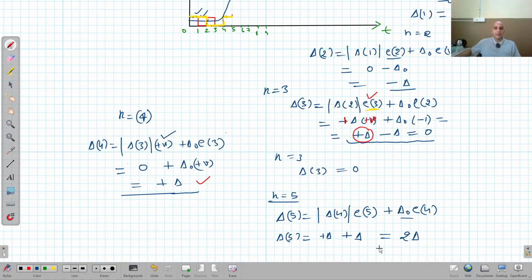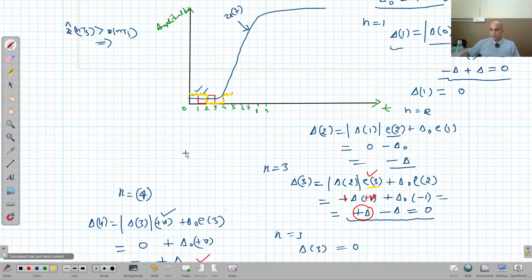Now the step size is adjusted and it becomes 2 times delta at n is equal to 5. So I think it is 1 delta, I overshot it, 2 delta up to this point. Now we are going to n is equal to 6.